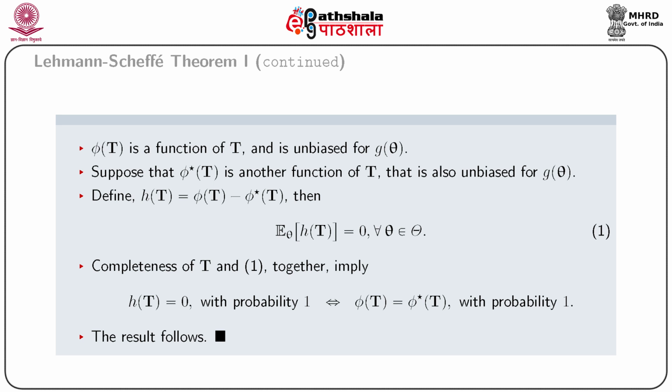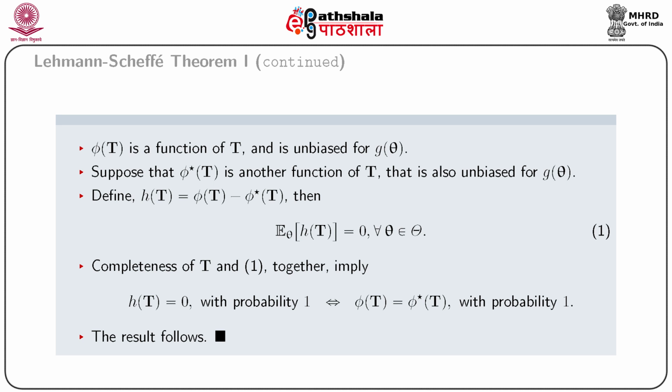If we define h(T) equal to φ(T) minus φ*(T), then the expectation of h(T) is equal to the expectation of φ(T) minus the expectation of φ*(T), which is equal to g(θ) minus g(θ), which is equal to 0 for all θ.